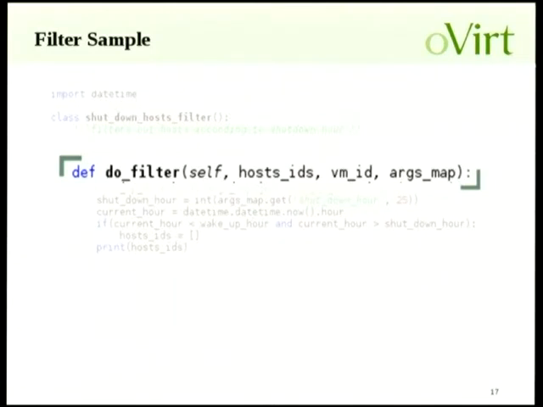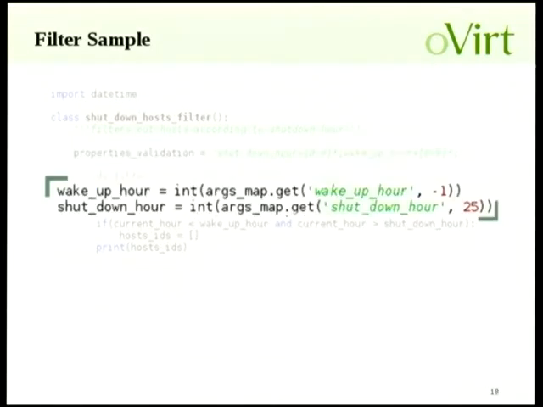This is the name of the filter, and this is actually the signature that you need to override in order to extend a filter, to add a filter to the system. This is how you get the custom properties from within the filter.